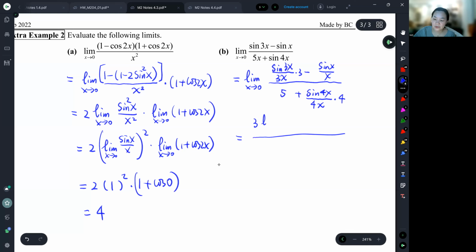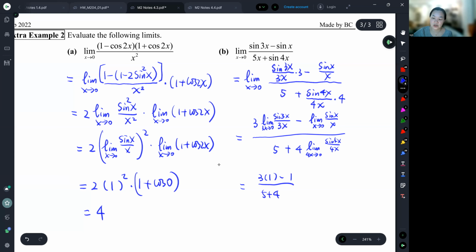It's 3 times the limit of sine 3x over 3x, minus the limit as x goes to 0 of sine x over x. The denominator is 5, plus 4 times sine 4x over 4x. And then with the special limit, 3 times 1 minus 1 divided by 5 plus 4 times 1. You get 2 over 9.